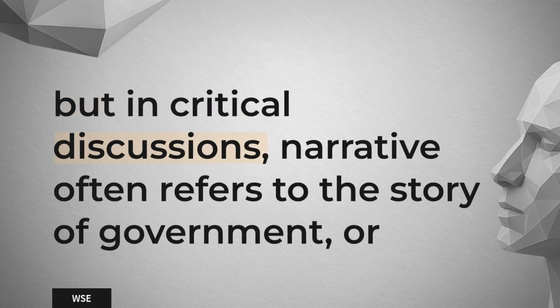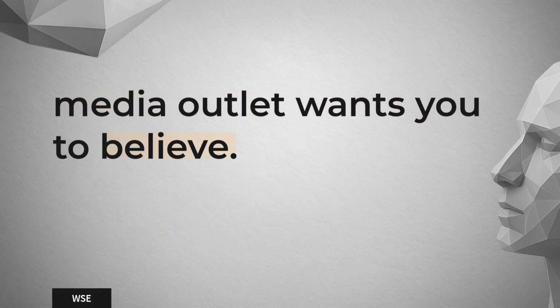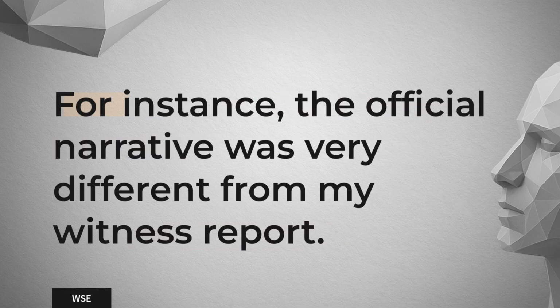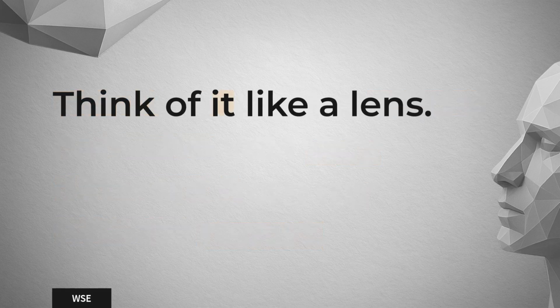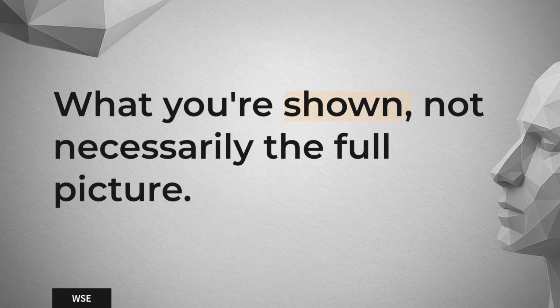But in critical discussions, narrative often refers to the story a government, company, or media outlet wants you to believe. For instance, the official narrative was very different from eyewitness reports. Think of it like a lens, what you're shown, not necessarily the full picture.